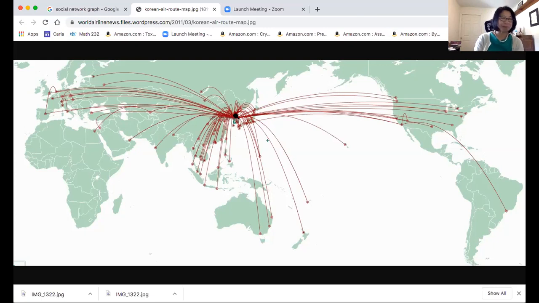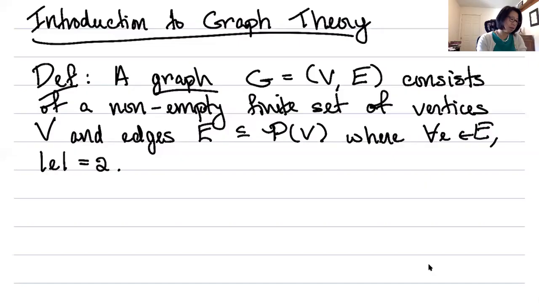And then you can see there are lots of little things here that are hard to see. Okay, so let's look at the formal definition of a graph. Now I'm going to share my iPad with you. The formal definition of a graph is, we often call them G, and they consist of two pieces of data, V and E, where V is a non-empty finite set of nodes or vertices.